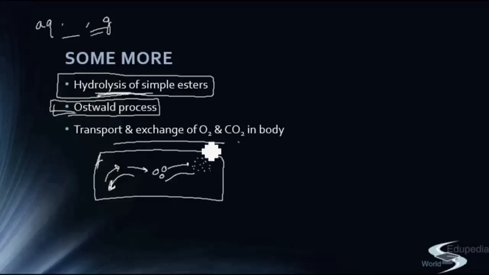Even taking in oxygen, exchanging it for CO2 and releasing CO2, this transport and exchange is accompanied by various reversible reactions. Even the concentrations of oxygen and CO2 in our blood determine how much we can breathe in and how much we can breathe out. All those are governed by the Le Chatelier principle, which we have studied.